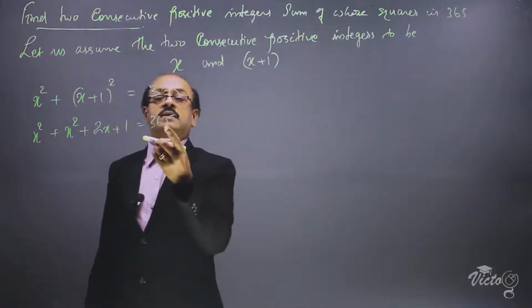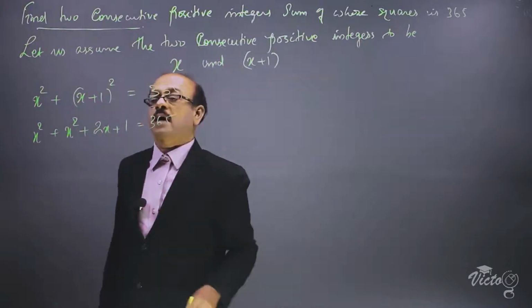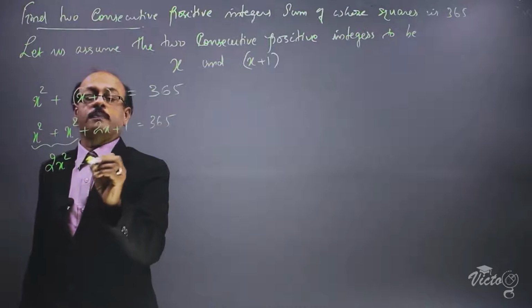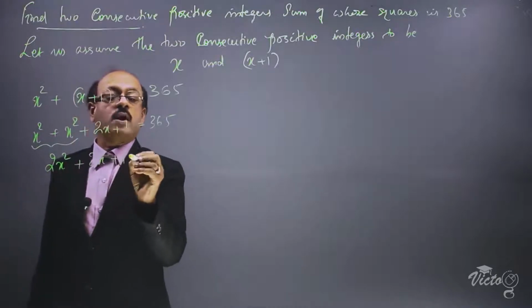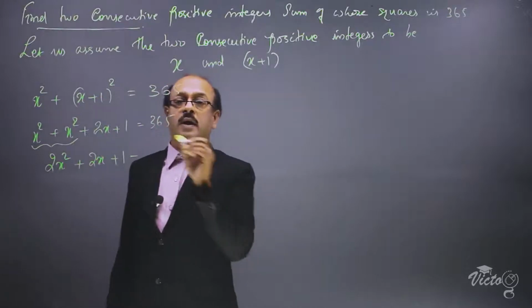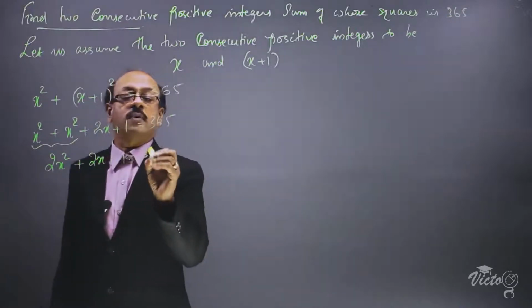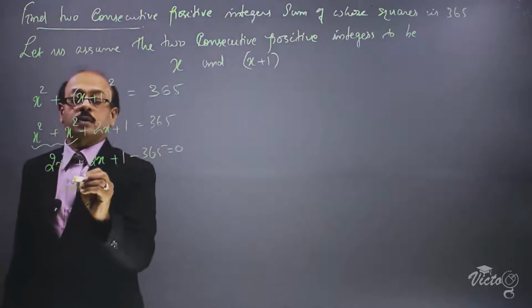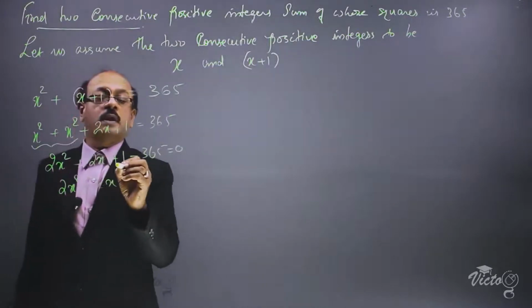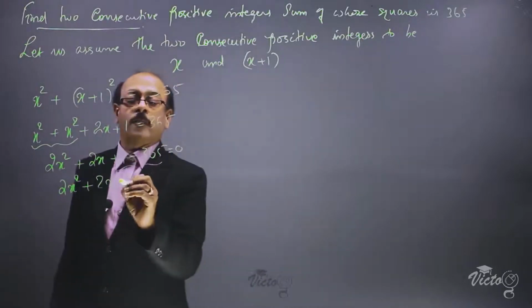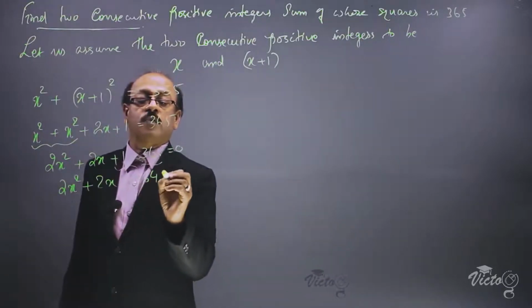Now bring this 365 to the left side. x square plus x square is 2x square, plus 2x plus 1, and 365 will become minus 365 while bringing to the left side, equal to 0. Now 2x square plus 2x plus 1 minus 365 is 2x square plus 2x minus 364 equal to 0.